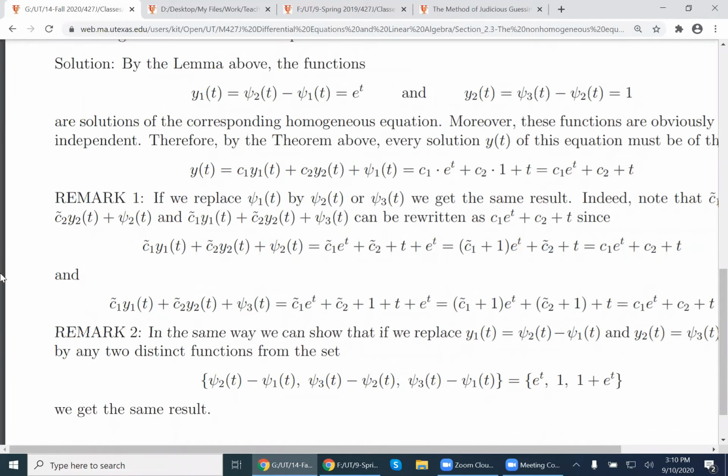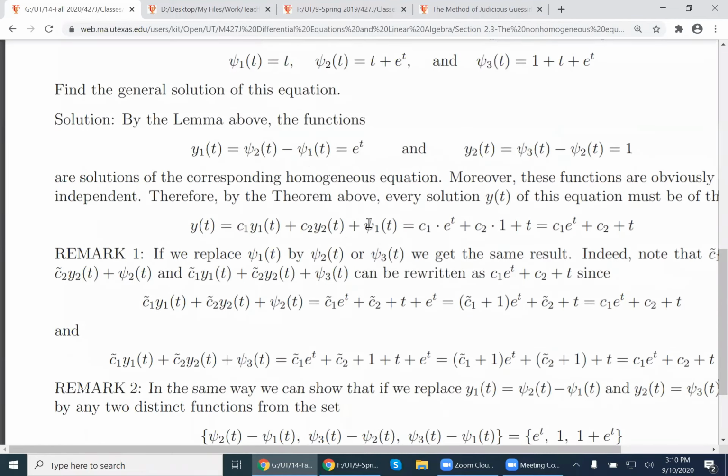That's it. So it does not matter. We use here psi1 or psi2 or psi3. We'll get fundamentally the same result.